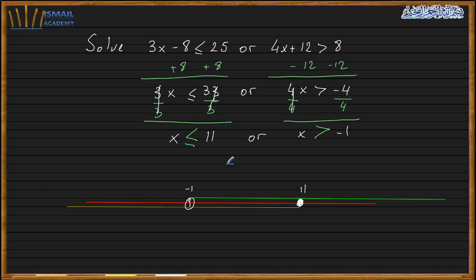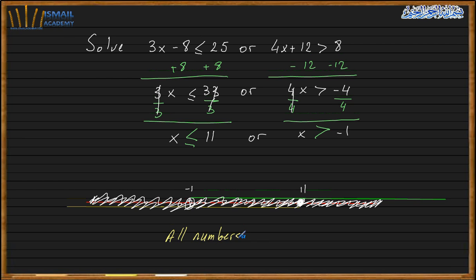And keep in mind, when we have or, we combine the solutions. Everything is a solution. So here for that case, the solution is all numbers on the number line.